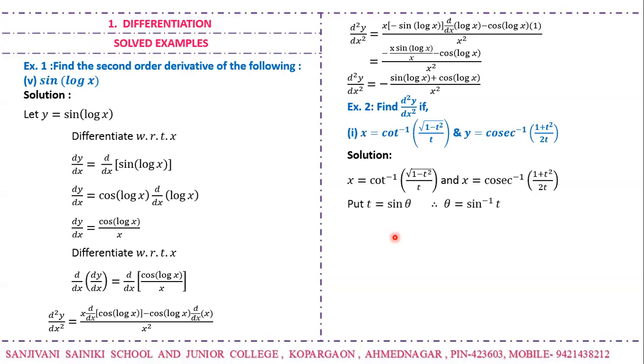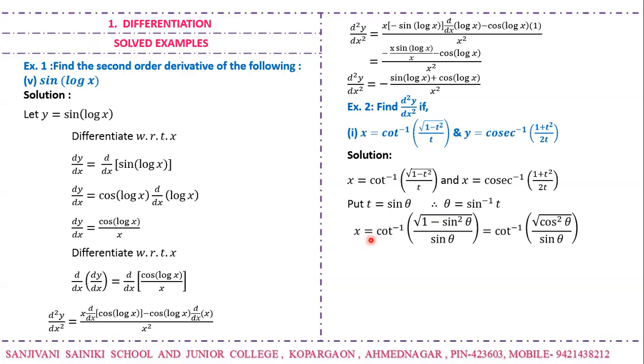Okay. So x is equal to cot inverse of root 1 minus t square upon t. And y is equal to cosec inverse of 1 plus t square upon 2t. So put t is equal to sine theta, means theta is equal to sine inverse of t.